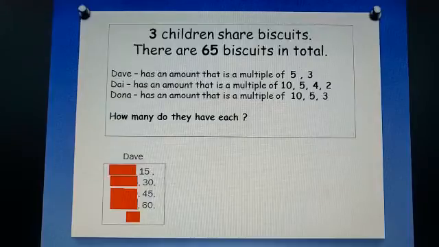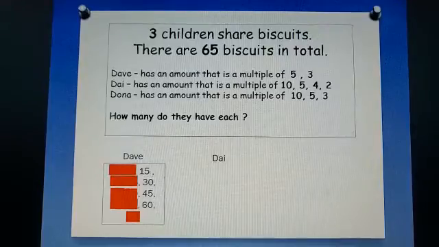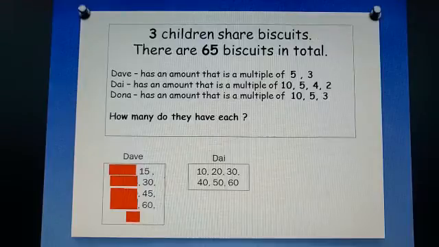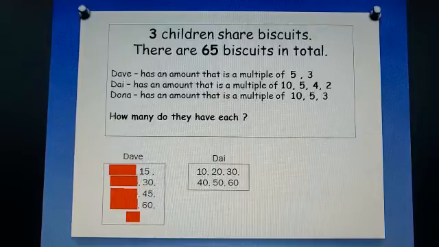Now I'm going to move on to Di. The biggest multiple in his sentence is 10, so I'm going to write my 10 times table until I get to 60, because 70 is too big, as we know it's only 65 biscuits. But the amount he has is also a multiple of 5, 4 and 2.